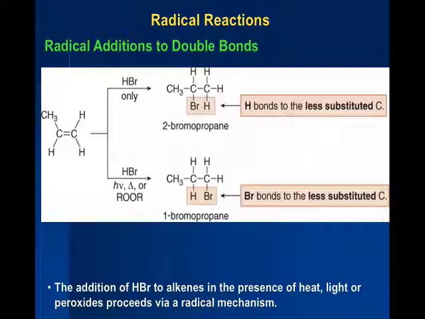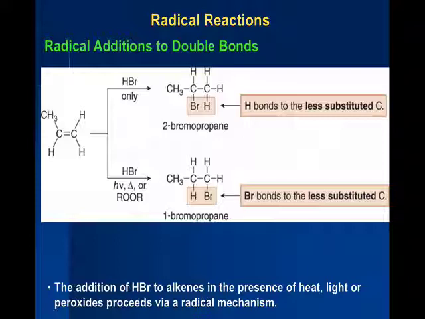Now the bromine radical comes into propagation step number 2, and what does it react with? The propene. And how does it react with the propene?